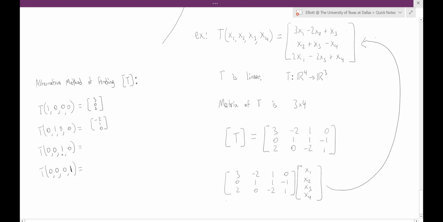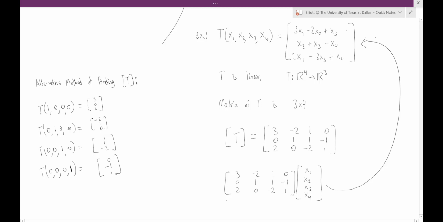Likewise, plug in 1 for x3, 0 for everything else. You should get 1, 1, -2. And finally, plug in 1 for x4 and 0 for everything else. You should get 0, -1, 1.